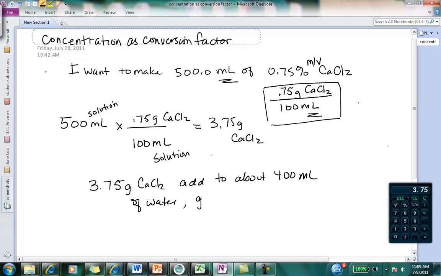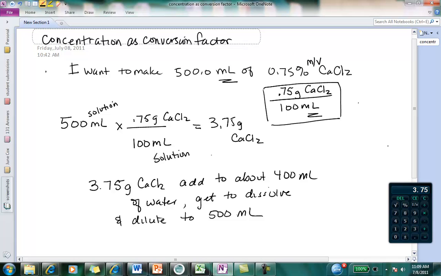I would get it to dissolve, and then I would dilute to the total volume of 500 milliliters. In other words, I would not specifically measure the amount of water I put in. I would simply measure the total amount of the solution.